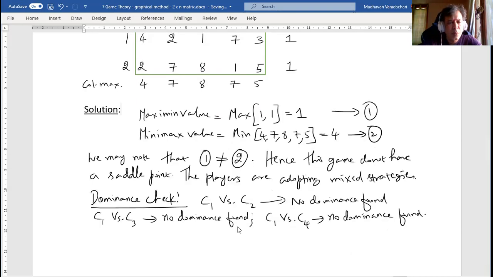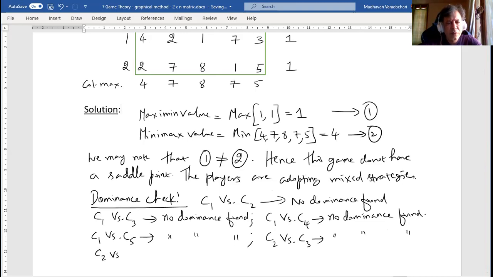Then comes column 1 versus column 5. 4 is larger than 3. 2 is lesser than 5. Again, no dominance found. Now column 2 versus column 3. 2 is larger than 1. 7 is lesser than 8. Again, no dominance found.